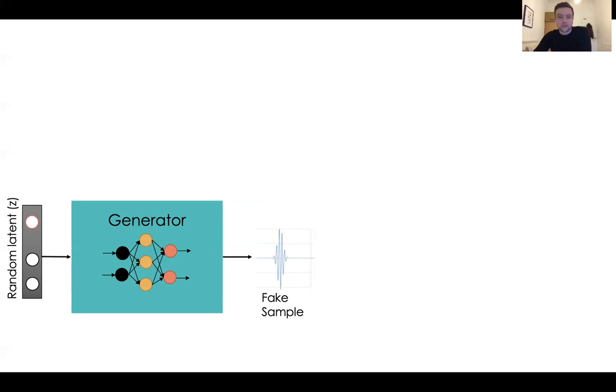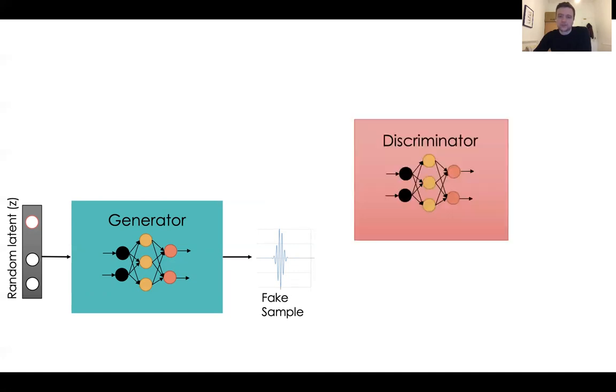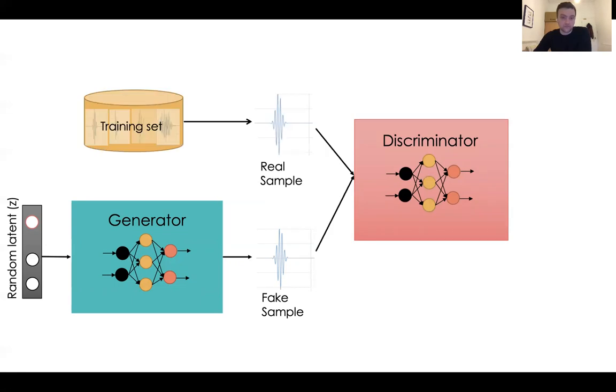The second player is called the discriminator, and its job is to take in either this fake sample or a real sample from the training set and determine where it came from. So it will label it as real or fake. It's basically a classifier. Because we know what we're feeding into the discriminator, either the real or the fake, we can label them.